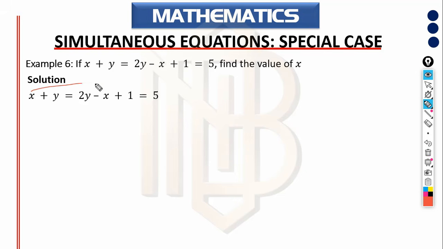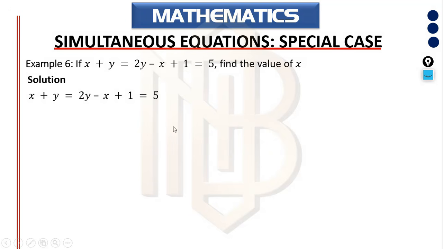Either you group the first and second together, and the second and third together, or you group the first and third together, then the second and third together. With that, you can form your required equations to solve the question.